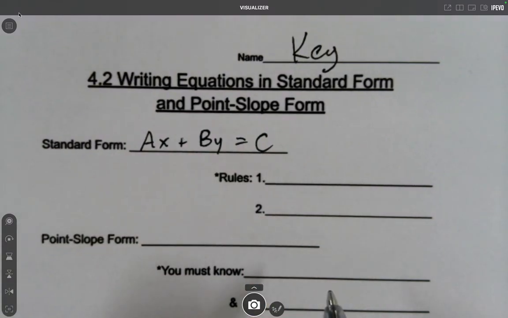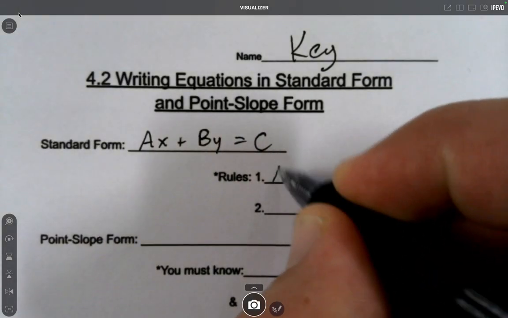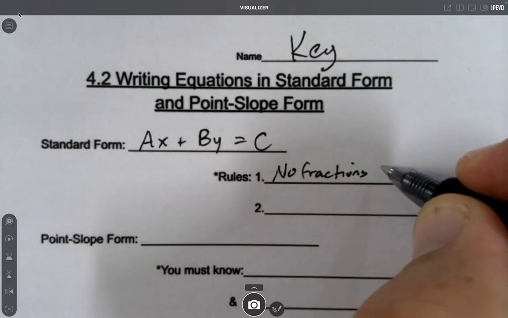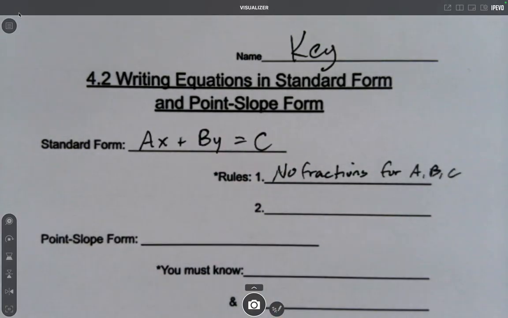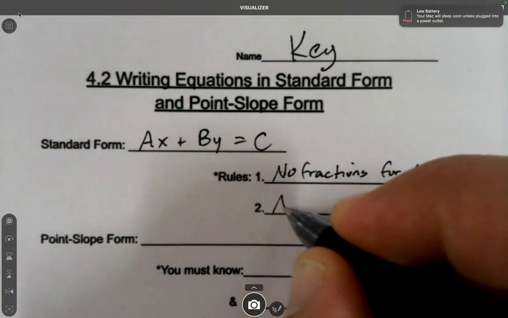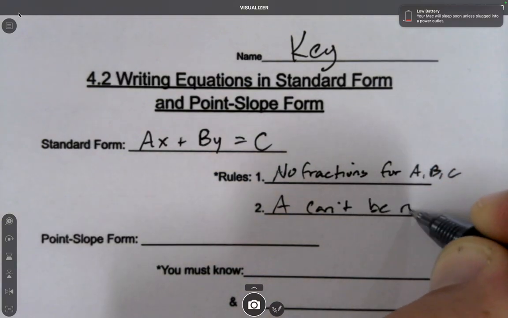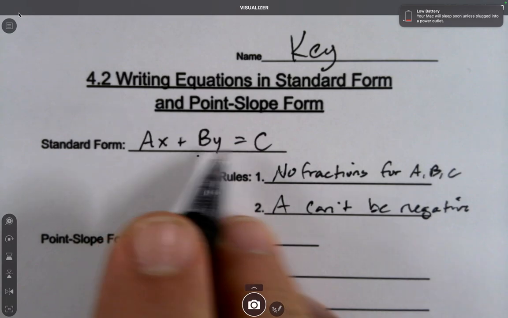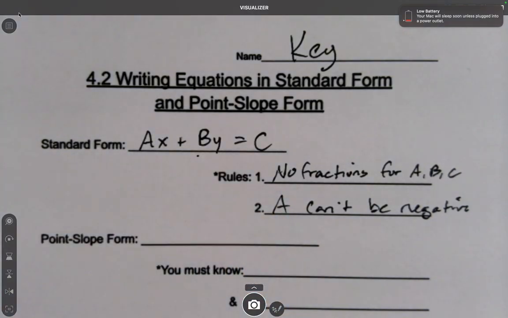And this isn't all the rules, but the main rules you need to think about is no fractions for a, b, and c. And a can't be negative. It's fine for the y term to be negative, it's fine for the c to be negative, but this term cannot stay negative.